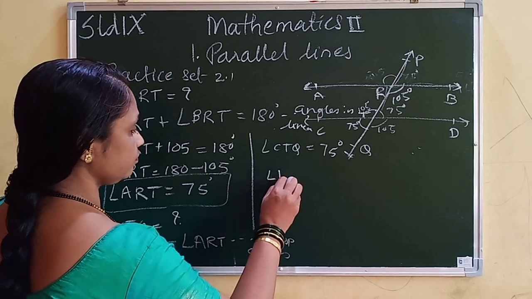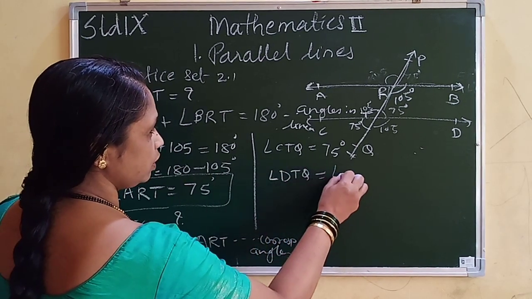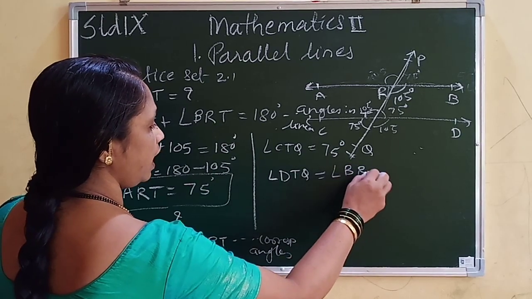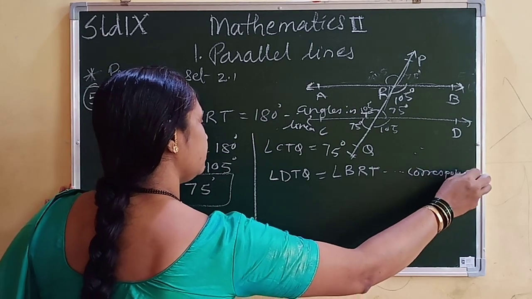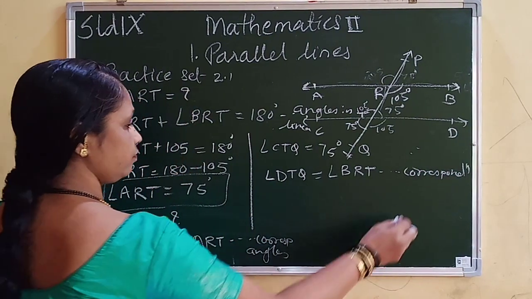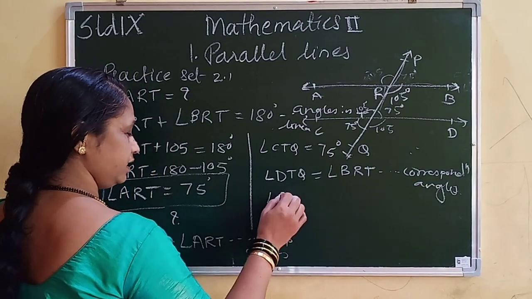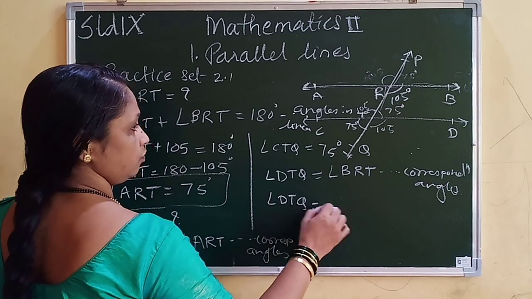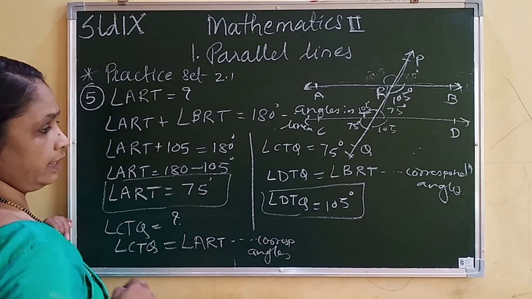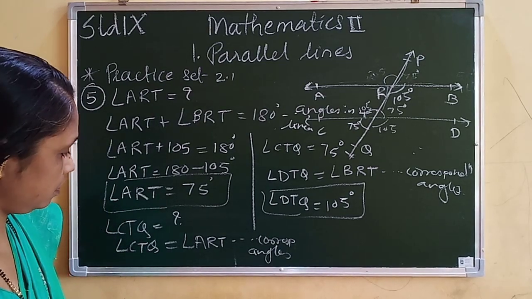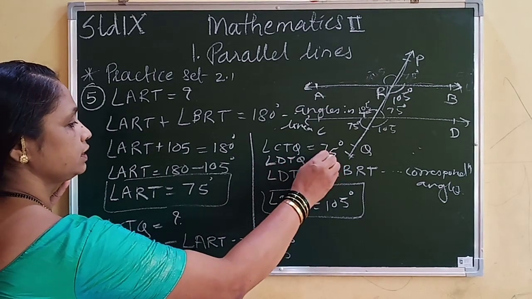Angle DTQ is equal to angle BRT, corresponding angles. They are a pair of corresponding angles. So angle DTQ is equal to 105 degrees.